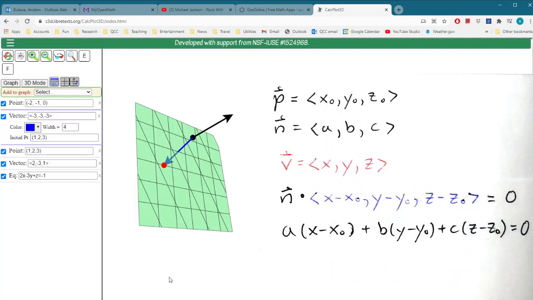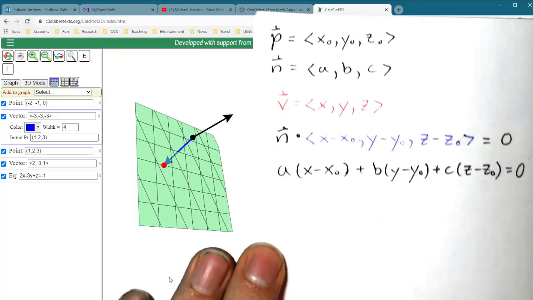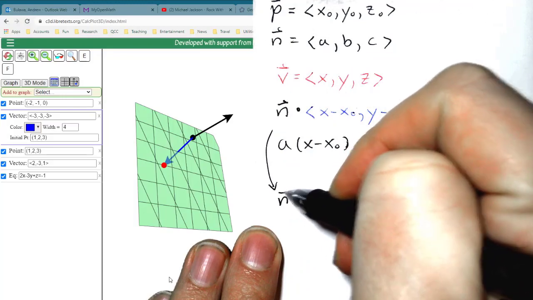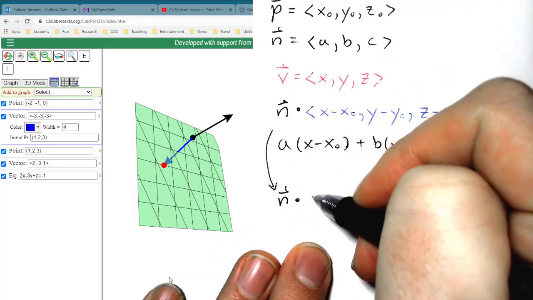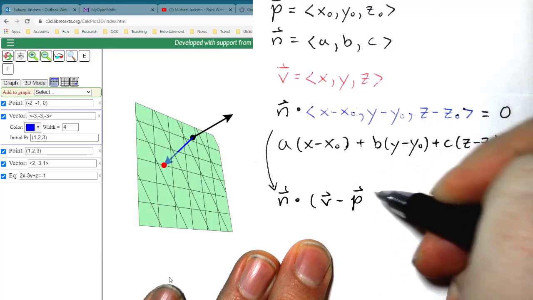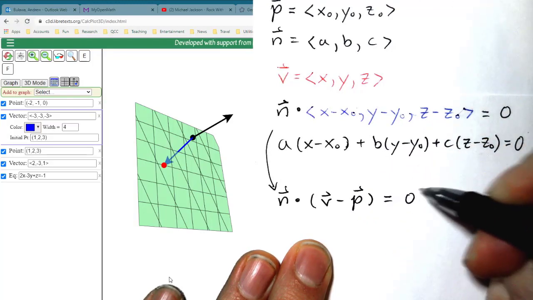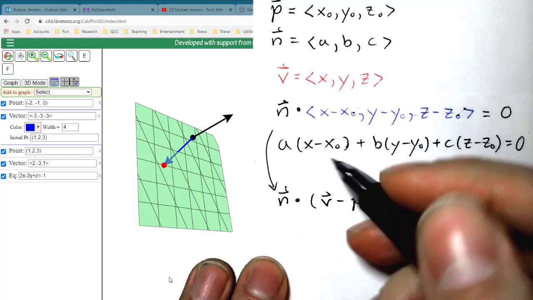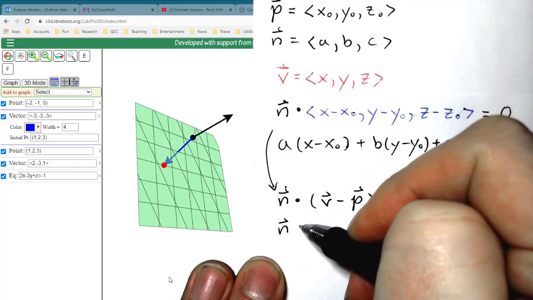So if I write that out again, what I have here is n dotted with v minus p, and I'm saying that that is 0. Well, let's expand this out. I know the properties of dot products is I can distribute.